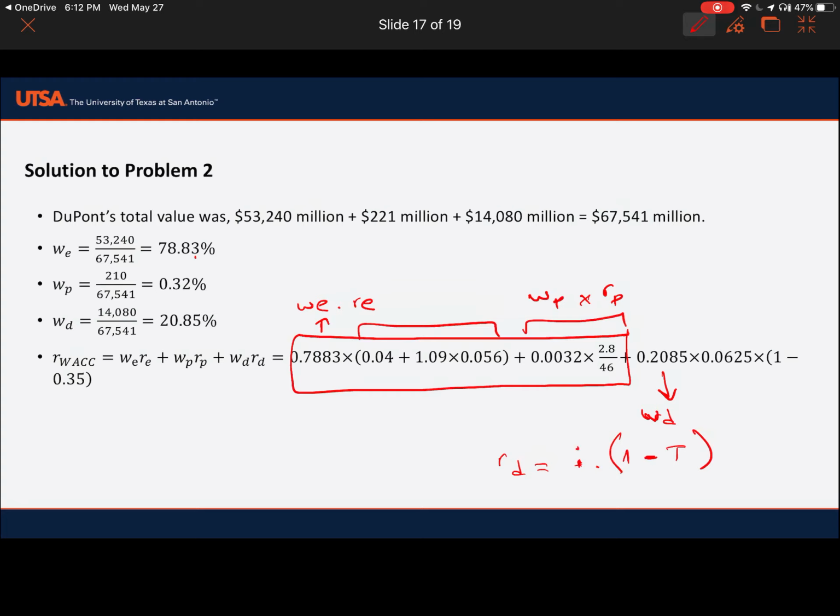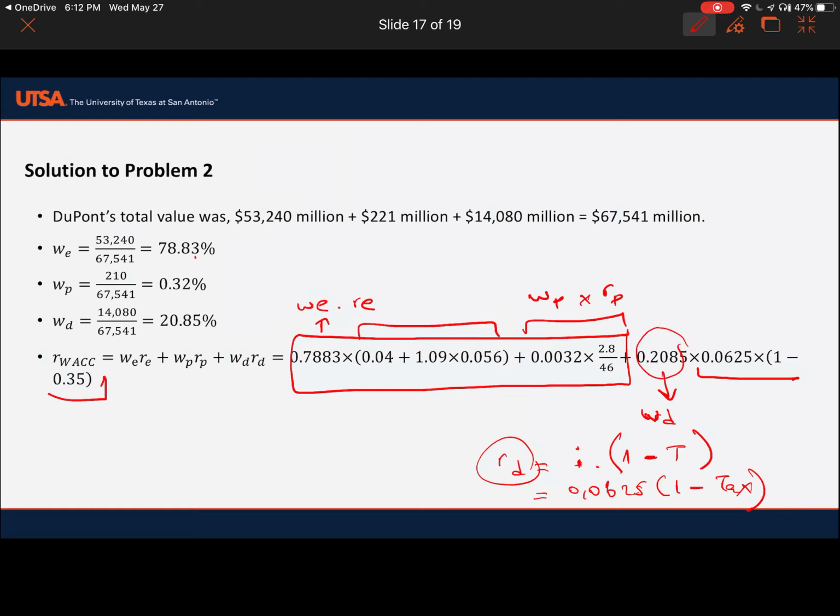The interest rate is 6.25% multiplied by 1 minus tax rate. The tax rate is 35%. So we calculate cost of debt here.